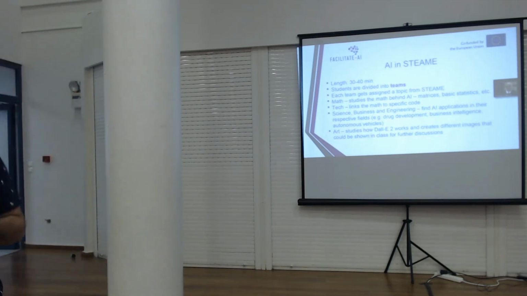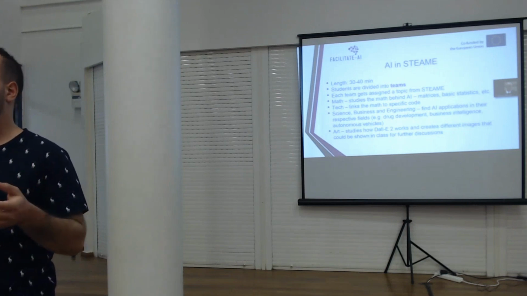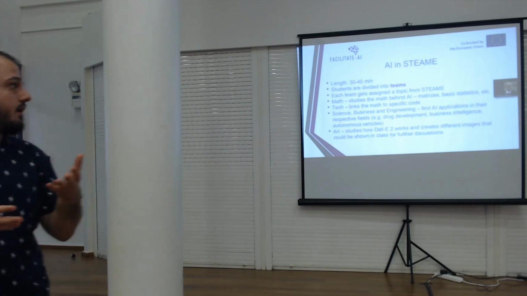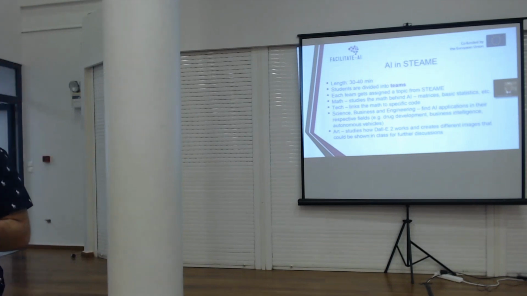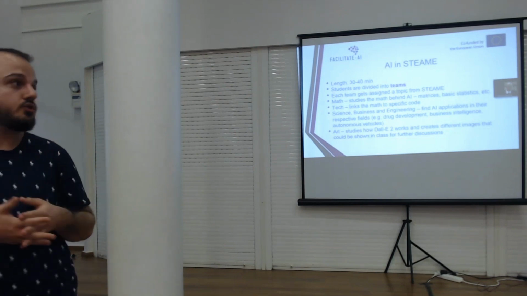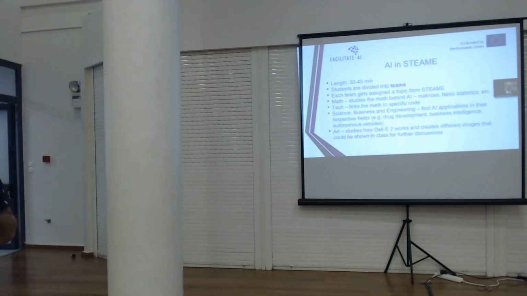So they need to find AI applications in their respective fields, in, let's say, science, medicine, business intelligence, for example, and when we talk about engineering, it could be about autonomous vehicles. But they're gathering information and examples from all the resources that they can find.